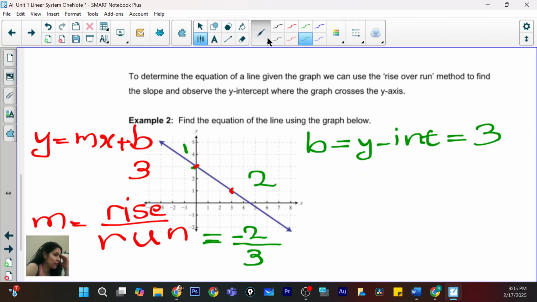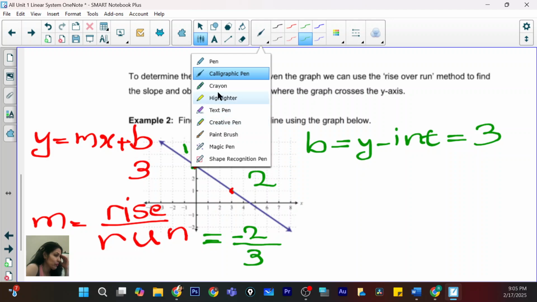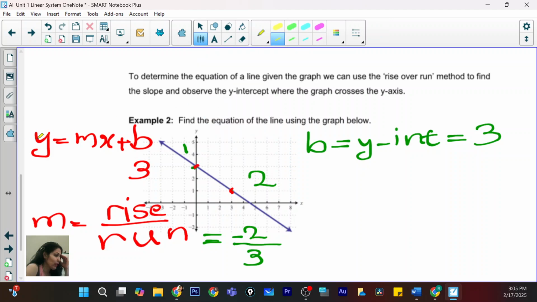We know that the equation of the line is y equals mx plus b. We have a slope, we have m, and we have b.